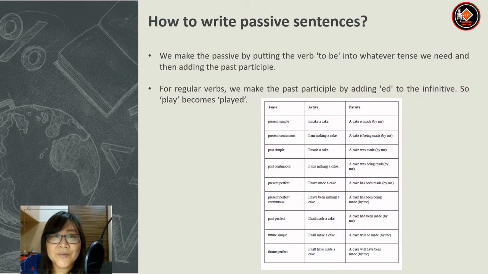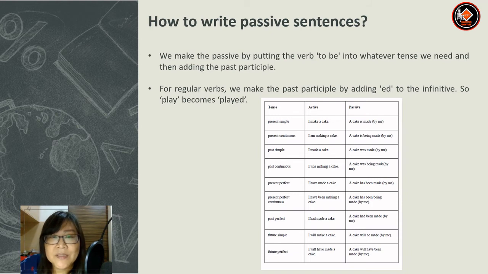Dear students, so how do we write passive sentences? Remember, we make the passive by putting the verb to be into whatever tense we need and then adding the past participle. For regular verbs, we make the past participle by adding ed to the infinitive.